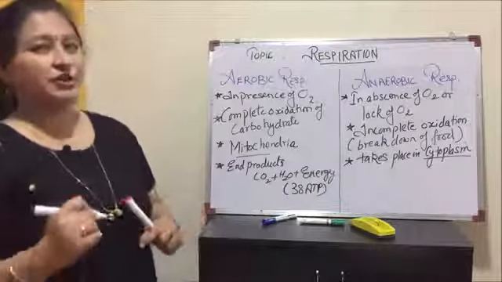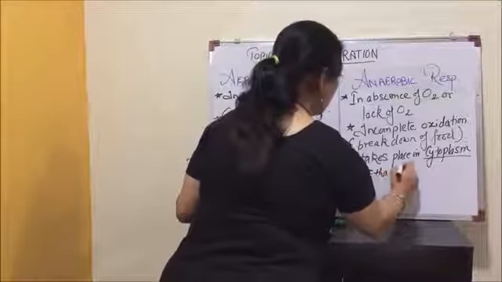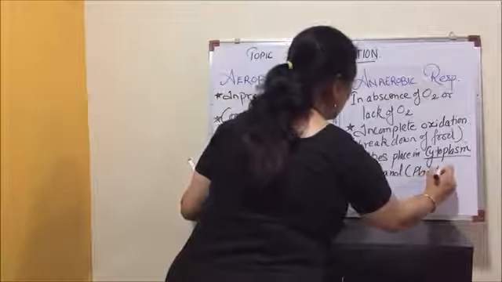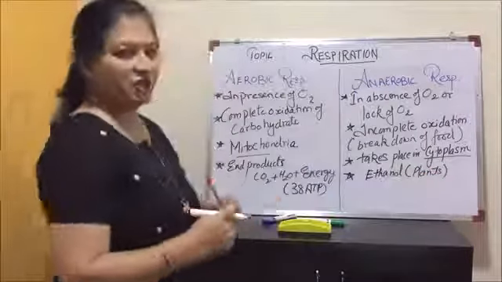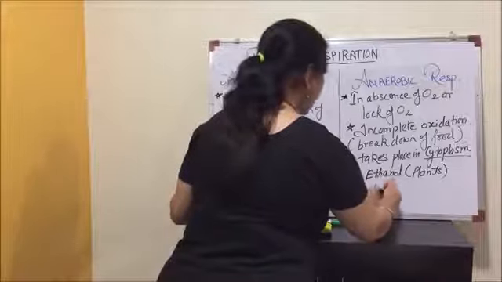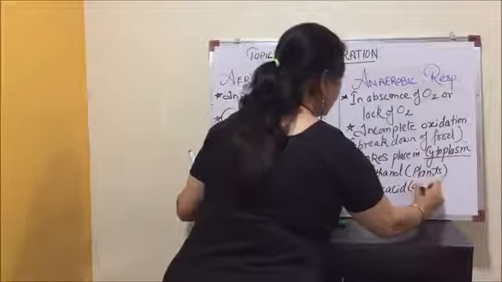And the product will be different. The end product can be ethanol in plants, within the bracket I am writing plants, or fungi. Ethanol in plants, and lactic acid in animals. We will do this in detail.